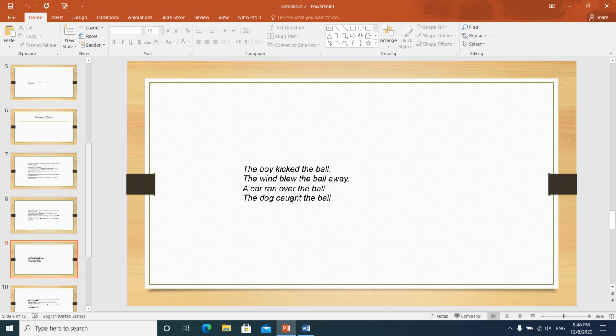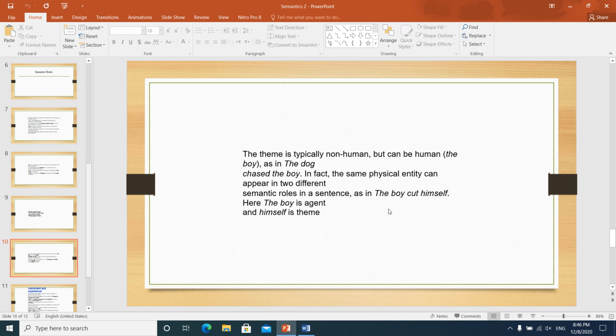You see all these verbs. Look at these verbs: kick, blew, ran over, caught. They refer to actions. That's why the subject, the grammatical subject, is called agent and the object is called a theme. The theme is typically non-human but can be human.